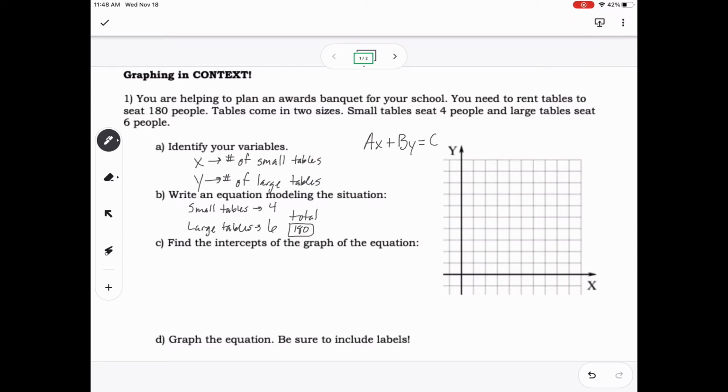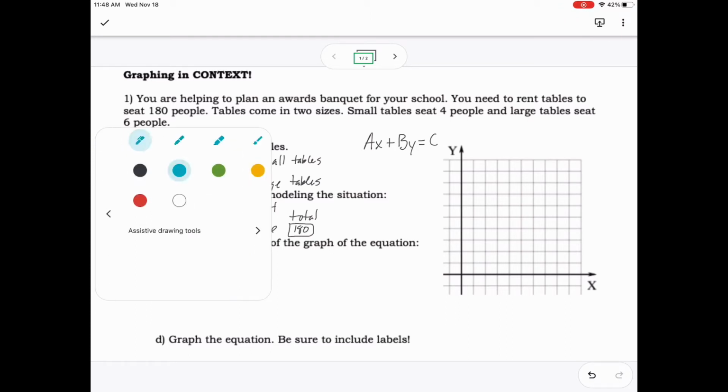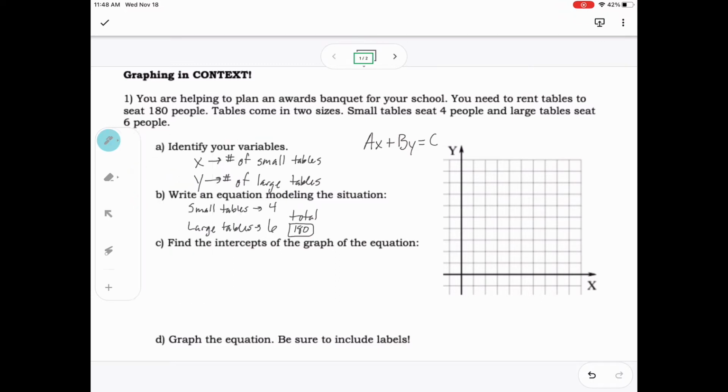So here, because x is the number of small tables, I can write that x should be times something. For every small table I have, that means I'm accommodating 4 people, right? So those 2 numbers should go together.